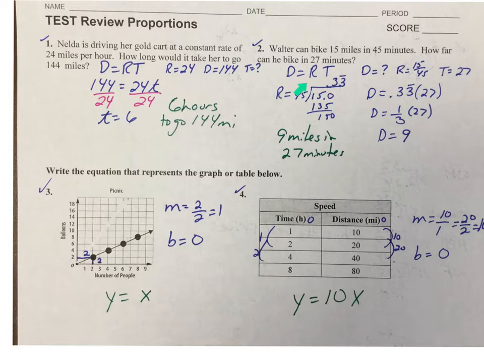Number 2, same exact equation. So it talks about miles and hours. In this case, they simplified it to minutes. That's fine. It is still just a time. So they gave you the time. They're giving you the rate because this is miles, like miles per hour, but it's just miles per minute. So you put miles over the time, and this gets you the speed.